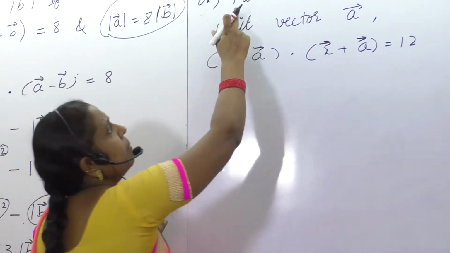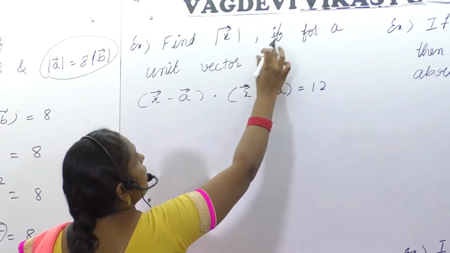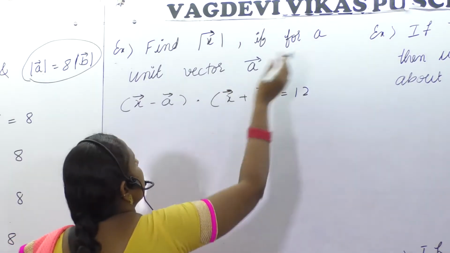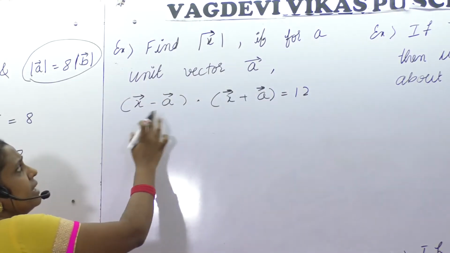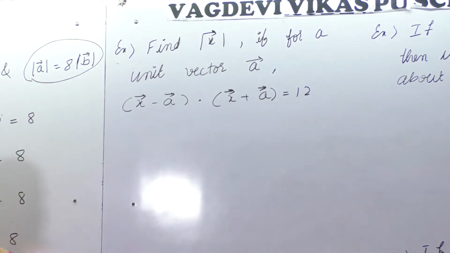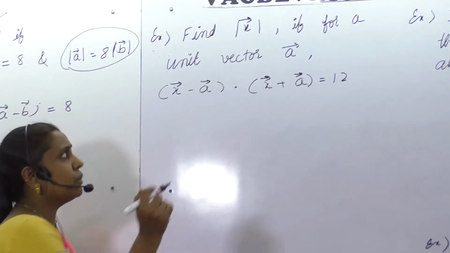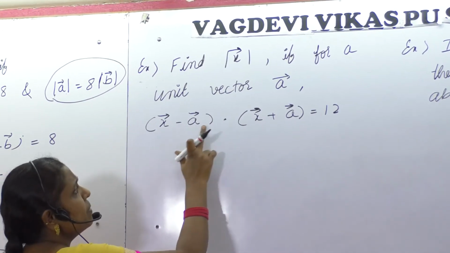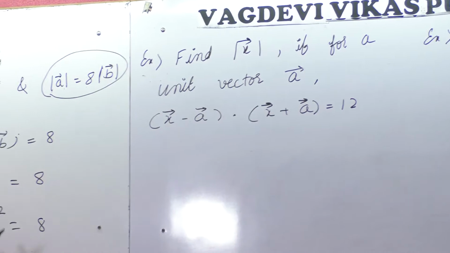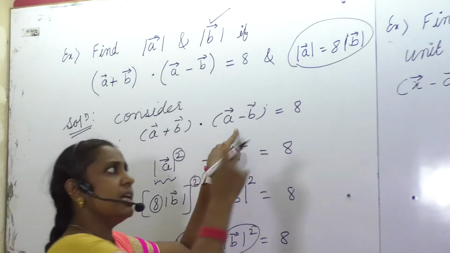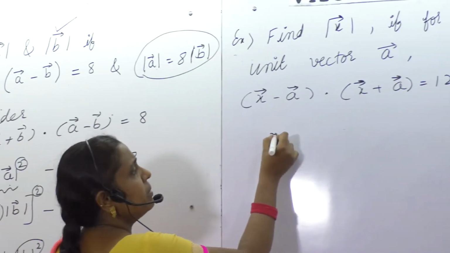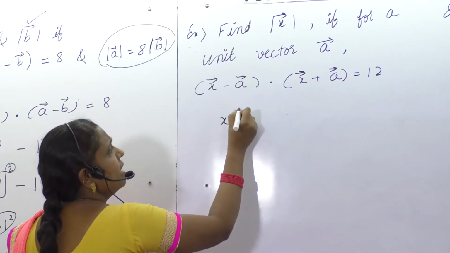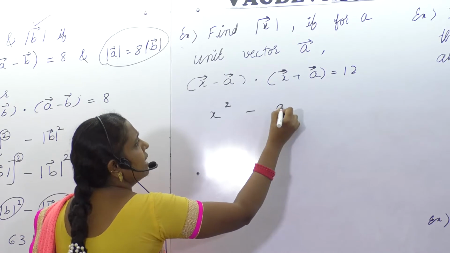Find magnitude x if, for a unit vector a, (x minus a) dot (x plus a) is equal to 12. This is very simple. What is to be done? As you know, for the dot product, (x minus a) dot (x plus a) is x square minus a square.